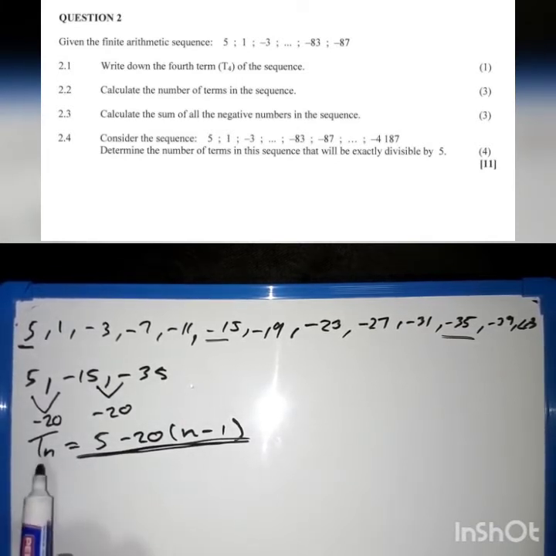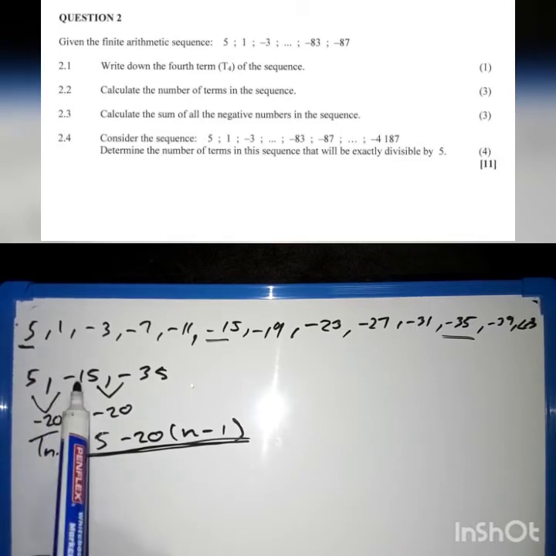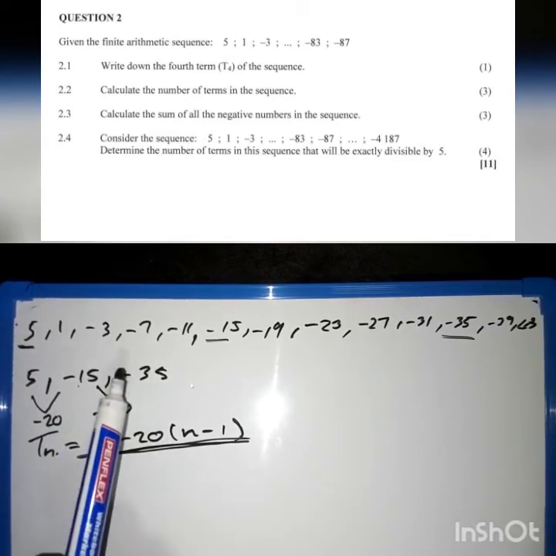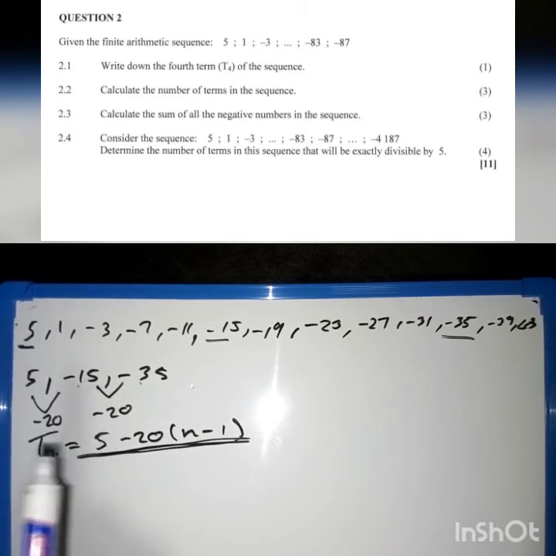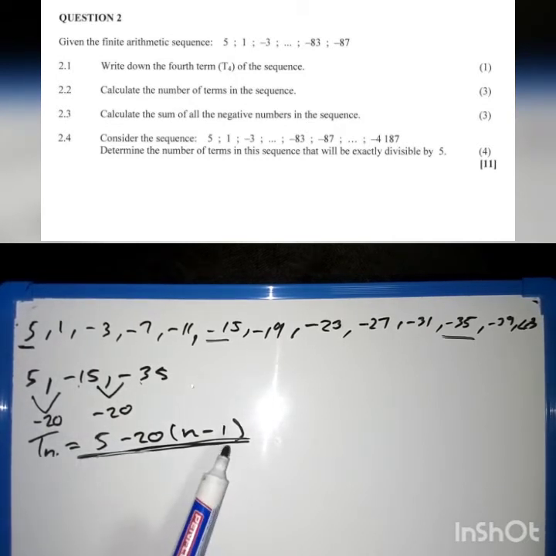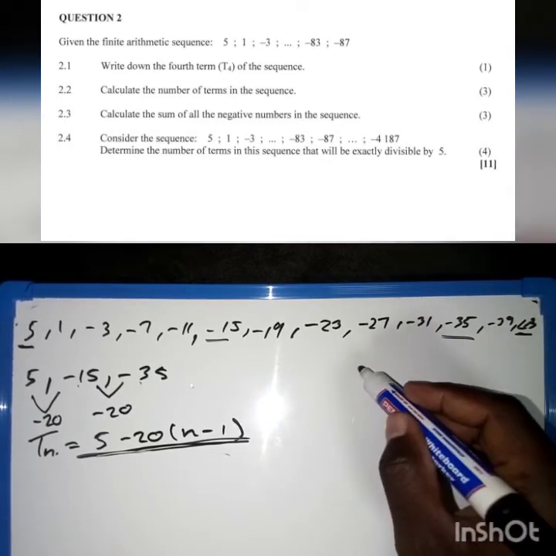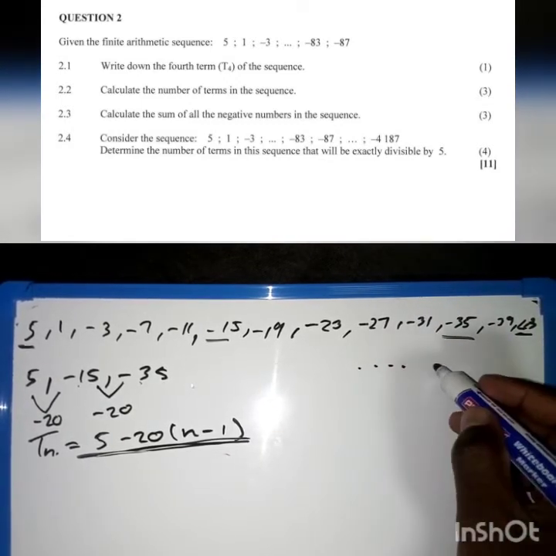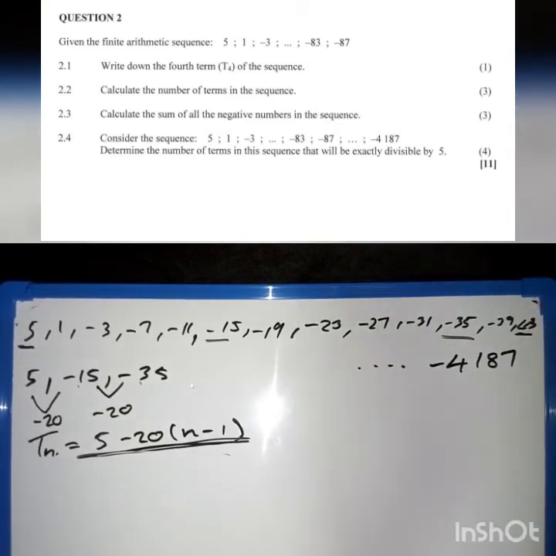So if I put T1, 1 here, the first number that will be divisible by 5 will be 5. T2 will be -15. T3, the third number to be divisible by 5, will be -35, and so on, right? So this is what we get. These numbers here, this pattern continues up to what? -4187, right? And we know the number that comes before this that's divisible by 5.